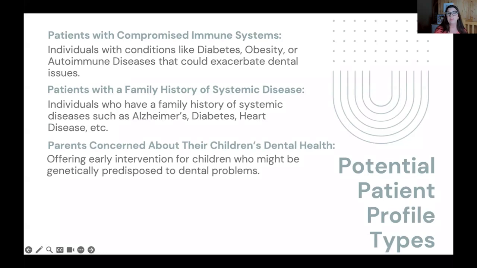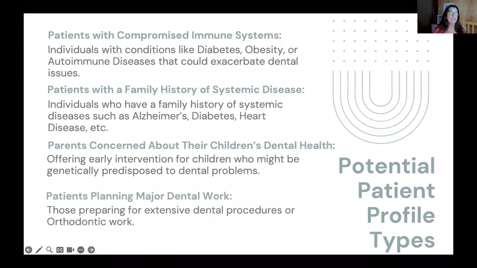Patients concerned about their children's dental health, offering early intervention for children who might be genetically predisposed to dental problems. And patients planning major dental work, like those preparing for extensive dental procedures or orthodontic work. These are all great potential patient profile types.